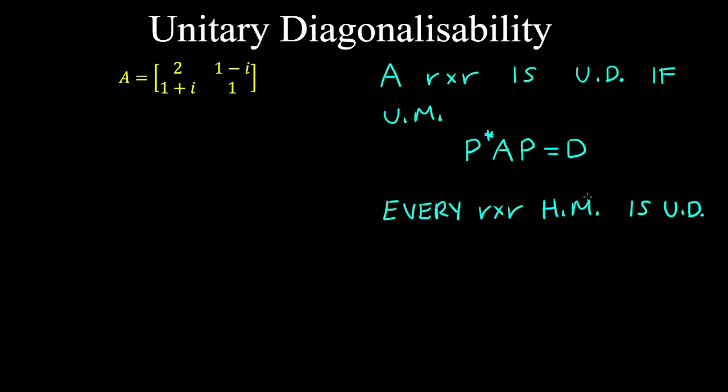So this is because every Hermitian matrix has an orthonormal set of r eigenvectors, and therefore the unitary matrix P that unitarily diagonalizes a Hermitian matrix A has the orthonormal set of eigenvectors of A as column vectors.